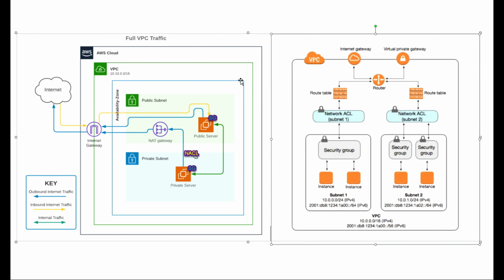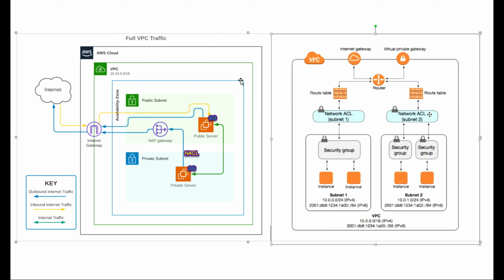Network ACLs are stateless. What does stateless mean? It means that for every packet passing through the resource, there should be a rule for both incoming and outgoing. In a security group, if we allow a port like 443 or port 80, we do not need to set a rule for outgoing traffic.